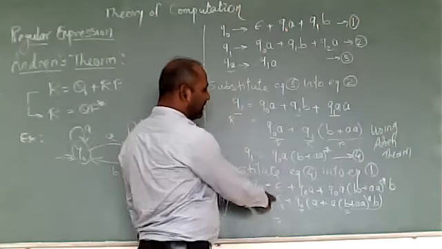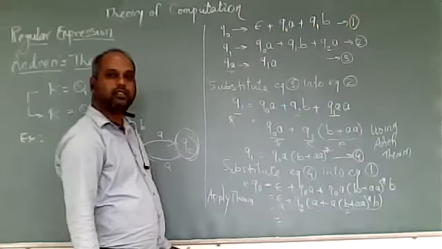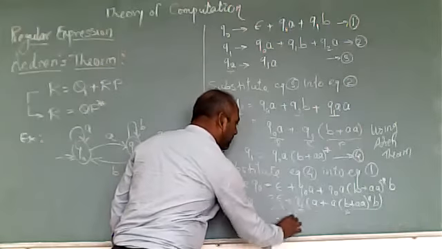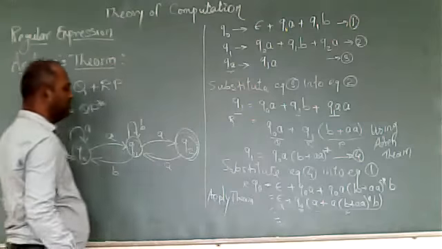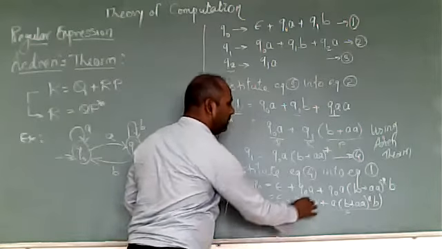Now here we are considering epsilon as Q. No problem, because epsilon itself is again a regular expression. So it becomes R equals QP star. What is Q? Epsilon. P is what?